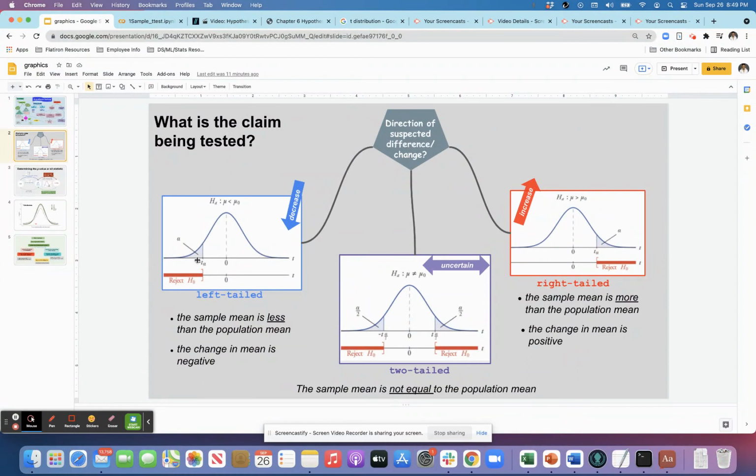So we conducted this left-tailed test. We used our alpha as 0.005, and we got our t-critical as minus 1.65, but our t-stat was minus 10, so definitely rejected.